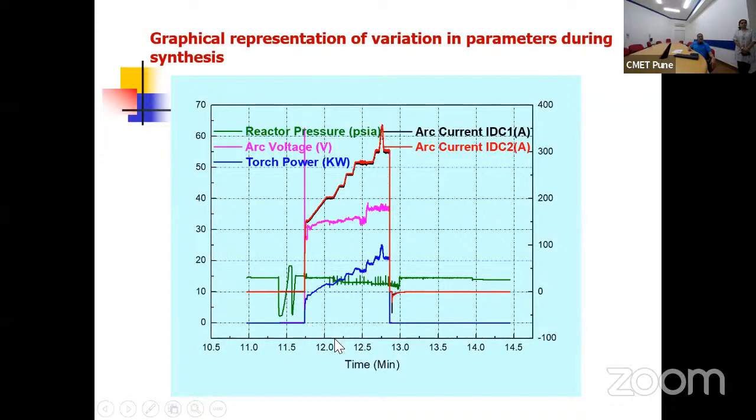And then you can see here we are putting around 350 ampere current, and this is the power around 20 kilowatt, and then melting the material and then cooling the system.